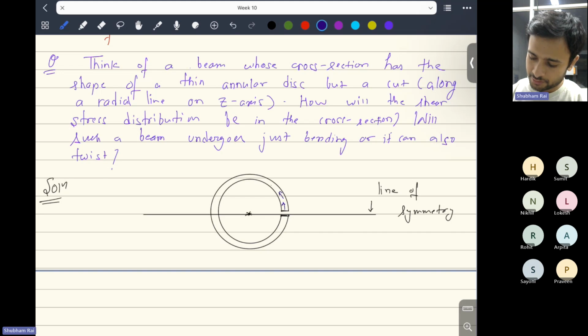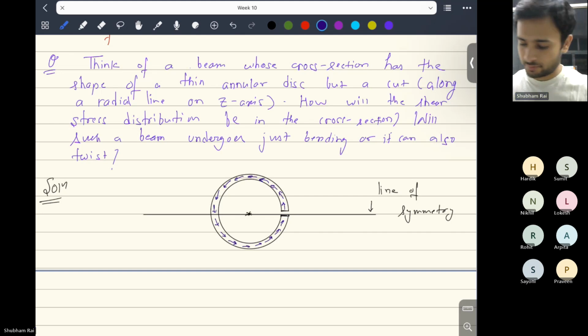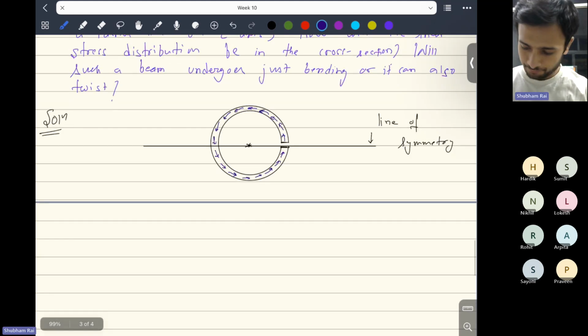As discussed in the lectures, because it is a thin cross section, it will flow in a particular direction. I'm assuming that the direction of flow will be like this, and if the direction comes out to be reverse, I'll get a minus sign. So this is an annular disk and a small cut has been made. Let me just do the solution.